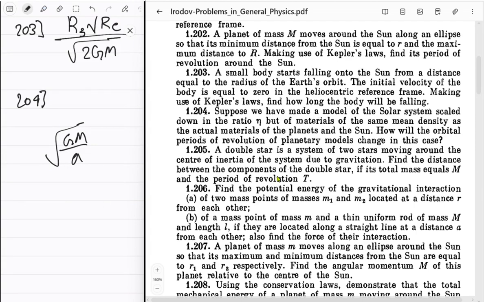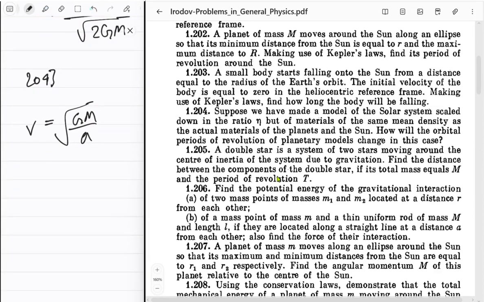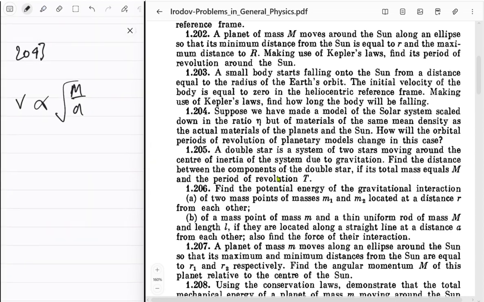We'll see what happens. So V is proportional to the square root of M upon a. But M is proportional to what? Eta cubed, right? Because it's eta times what the radius of the sun was. So eta cubed, that's what M will be.